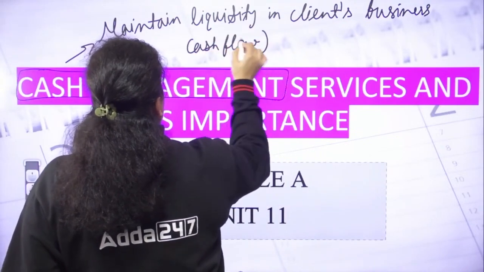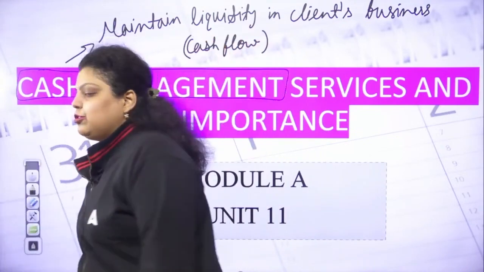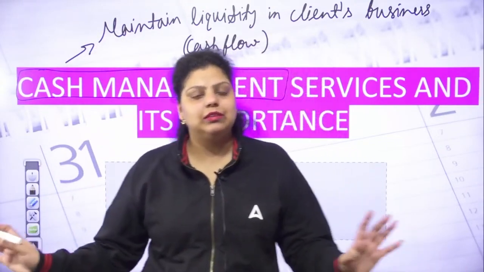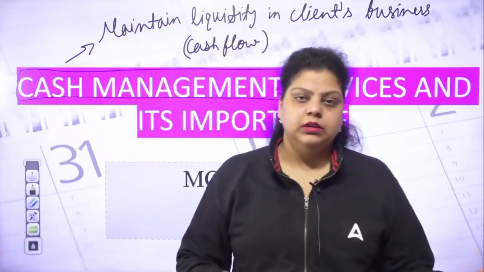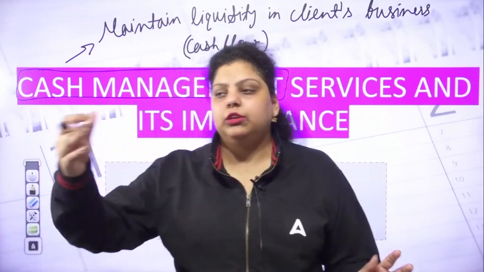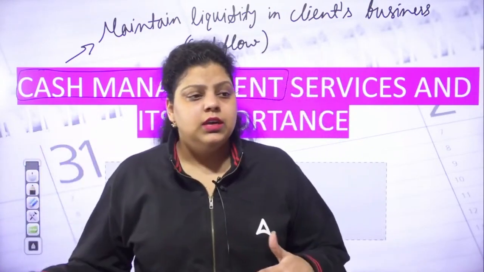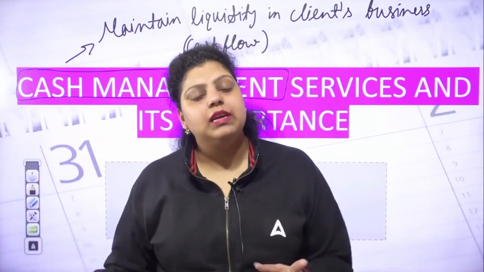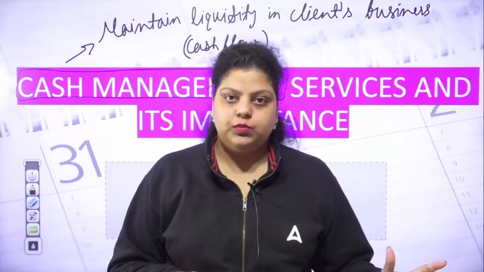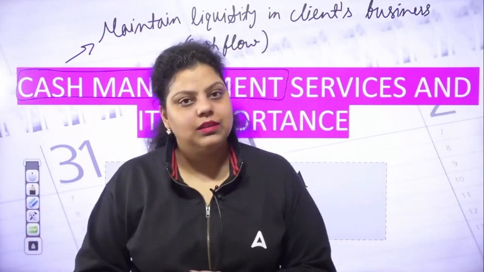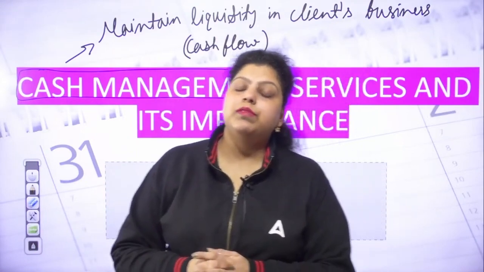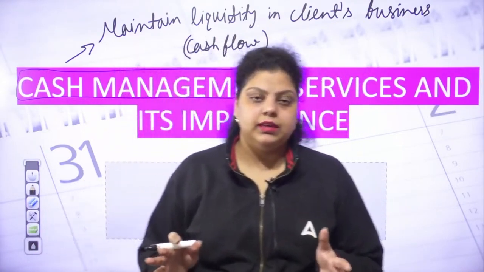Let's say, for example, whatever person is doing business, they need proper cash to start their business, to continue their business, to make payments to their shareholders, etc. So every business needs cash, and every business has assets and liabilities. Now what happens when we do not match assets and liabilities?